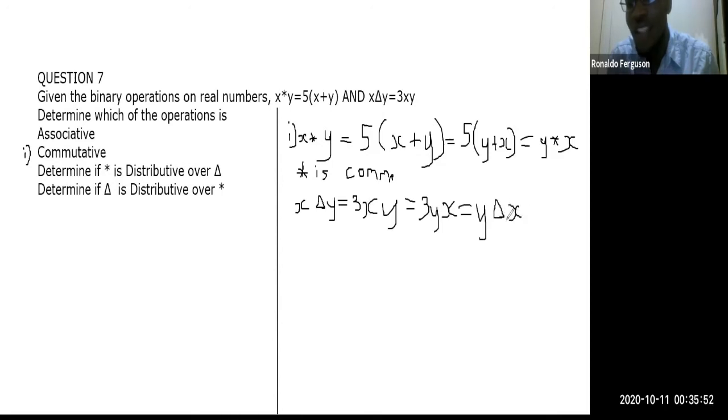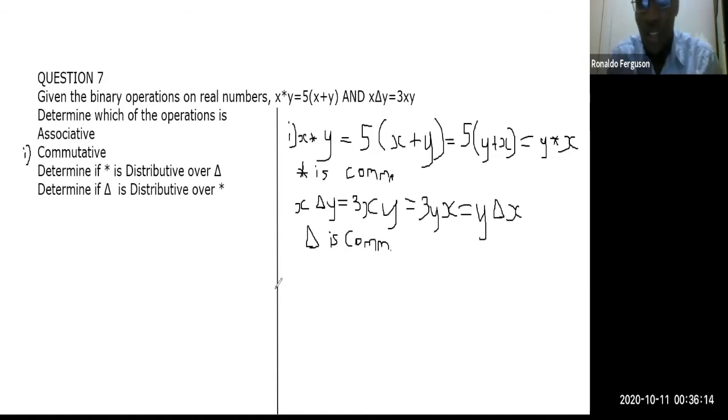And y delta x is equal to x delta y. And so what we can say then is delta is commutative. Easy question. So now the next thing we need to look at is associativity.